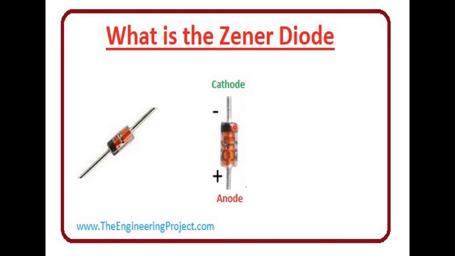So if at any moment you get a Zener diode or PN junction diode in hard format in front of you, you have to check where that black colored line is. Wherever the black colored line is, that will be the cathode. The other terminal will be the anode. Why is this important?